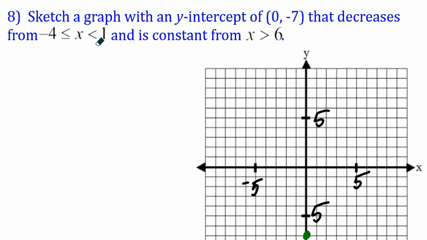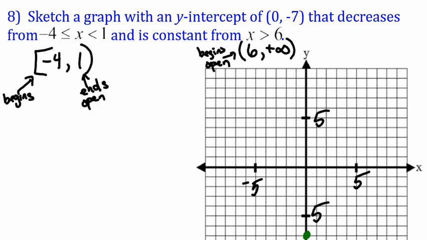This is excluded, or something's turning. And then this is greater than 6. So we want to think about something that's beginning here at 6 but not being used and continuing on in that direction. So this is how we would write those intervals in interval notation, talking about how they're beginning on those intervals and how they're ending on the intervals, or no end.